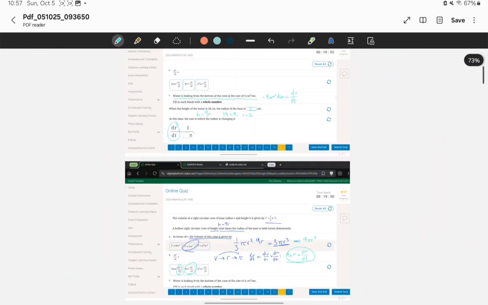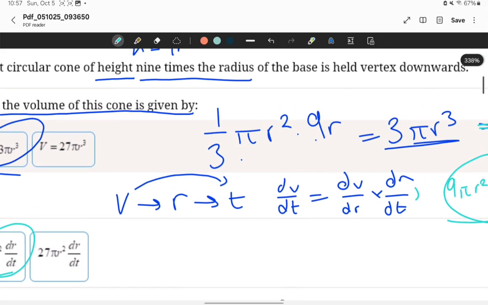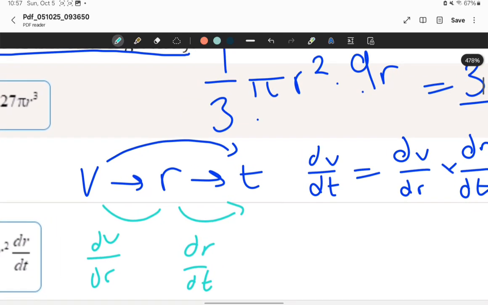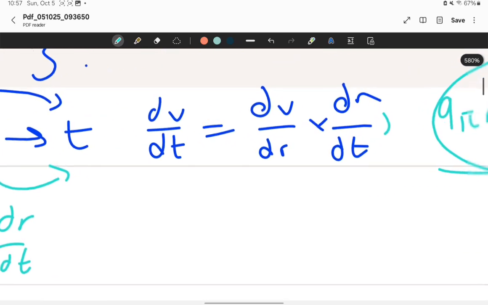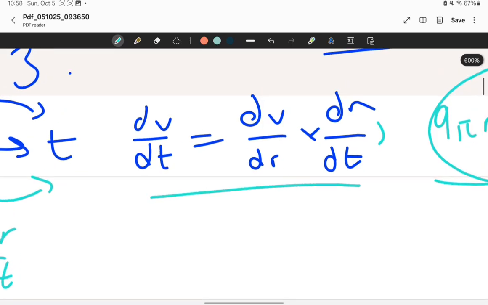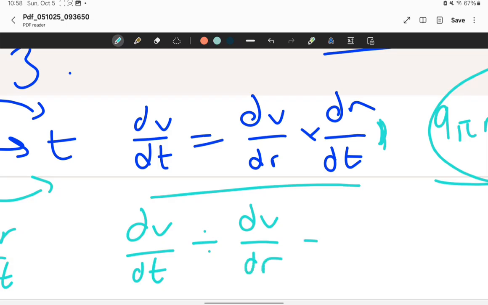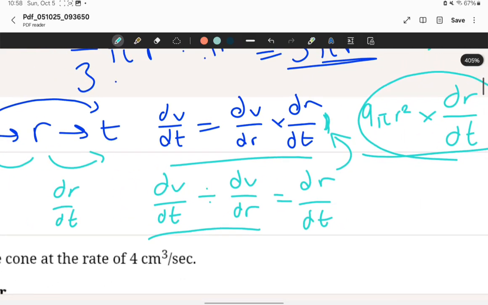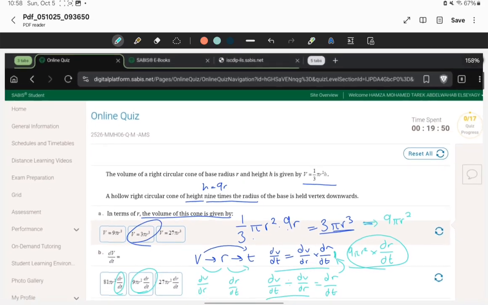From the equation that we got here, this is dV/dr, and this whole thing is dV/dt. So dr/dt is equal to dV/dt divided by dV/dr. This is a new equation we got from this.